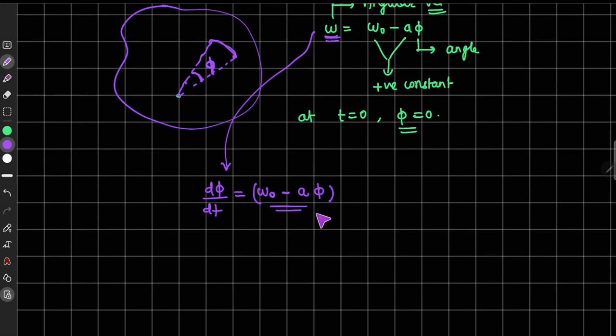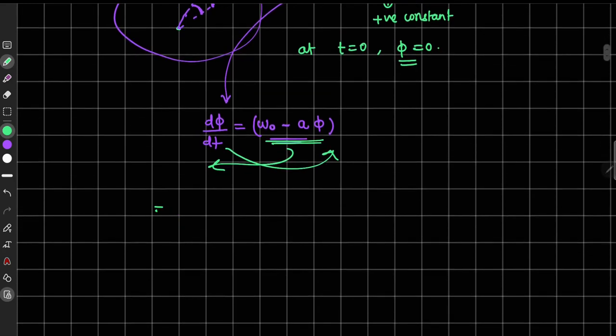In order to find phi as a function of time, we have to take the entire function to this side and dt to the opposite side. So we can write d phi divided by omega naught minus a times phi is equal to dt. Let us integrate both sides from t is equal to 0 to t.